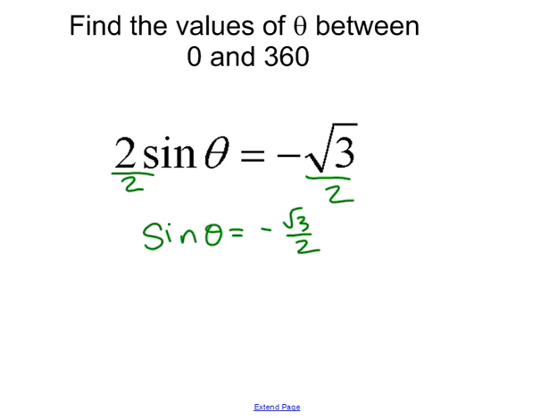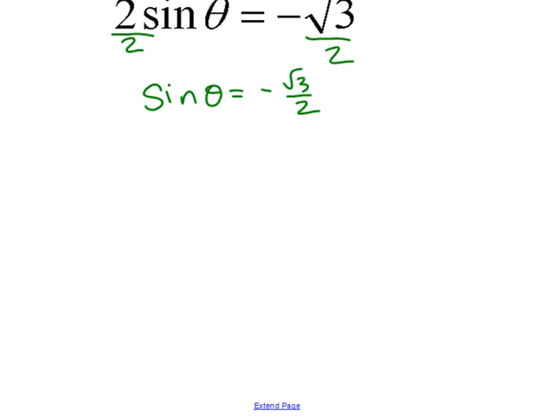First of all, sine is negative, so that tells me I'm going to be where y is negative, which will be in the third quadrant and the fourth quadrant. Then I ask myself, all right, what reference angle, when I take sine of it, gives me root 3 over 2? Or what angle is root 3 over 2 opposite from?